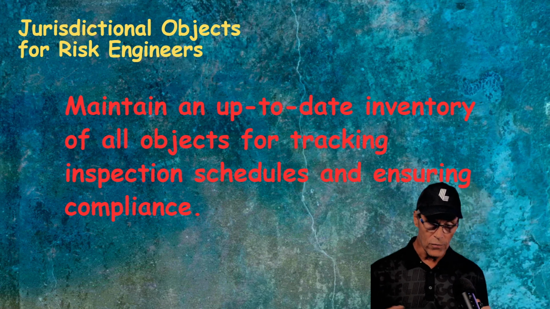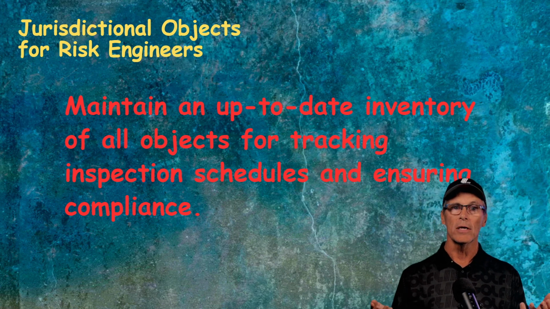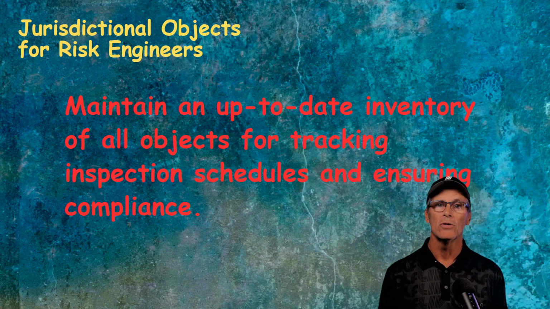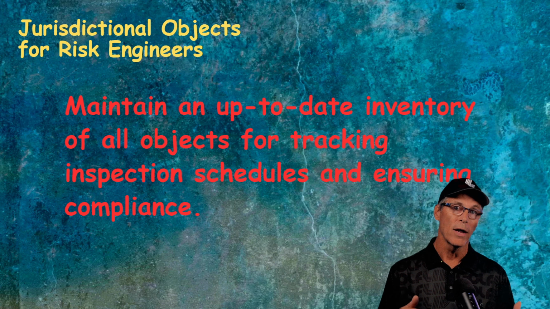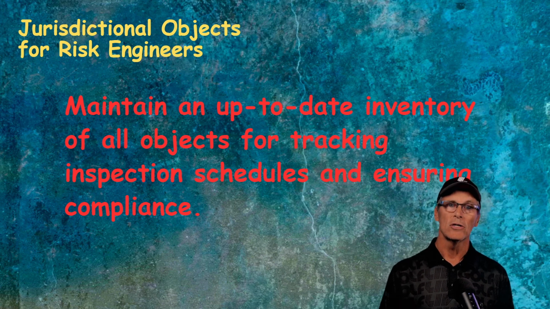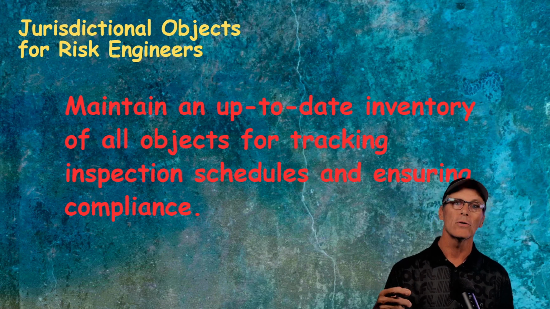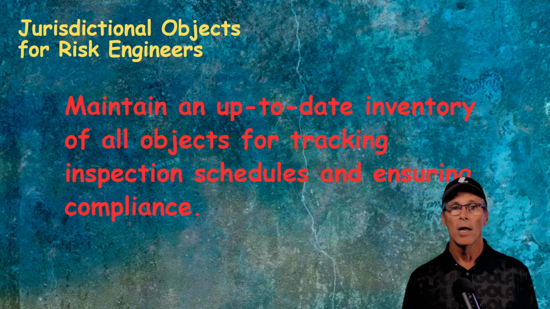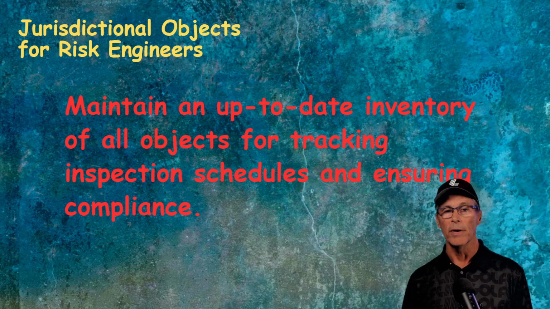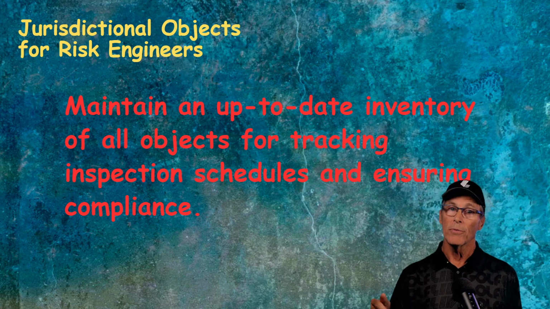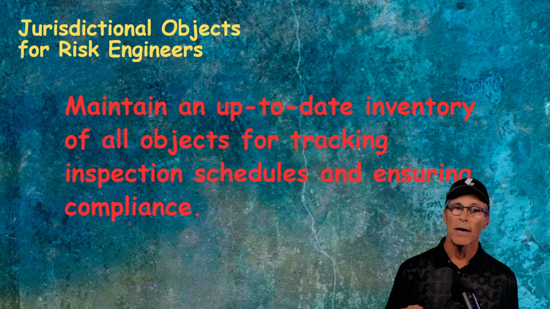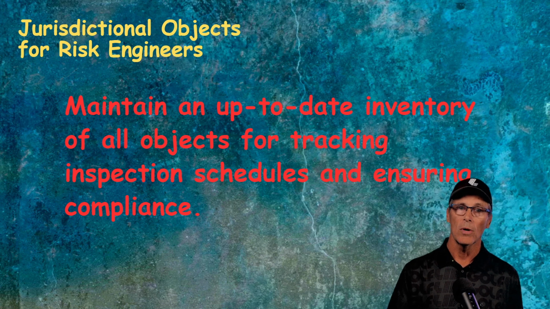Now, a lot of those objects are already in the state licensing software, and depending on the contractor you use, they may or may not have access to all that already, but typically they can just log into their account, look up your objects, and they'll be ready to go as far as knowing where to go and where to inspect. They may show up to your facility. This is where you have to be careful when there's a transition. These inspectors get their orders and they just show up to do the inspection.